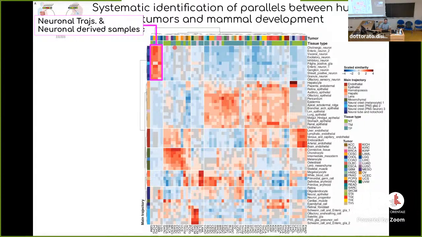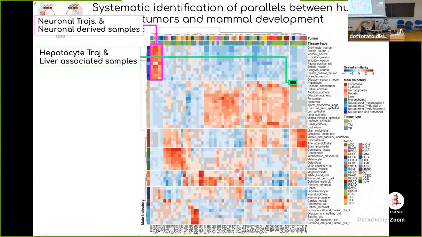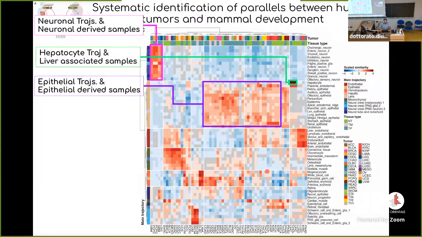For example, the developmental trajectories proper of neural development cluster together with the tumor types that are of neuronal origin, for example, glioblastoma and low-grade glioma, as I showed you before. Also the hepatocyte trajectory clusters and creates a very nice pattern for the liver-associated samples, specifically normal liver, hepatocellular carcinoma, and cholangiocarcinoma, the tumor of the gallbladder.